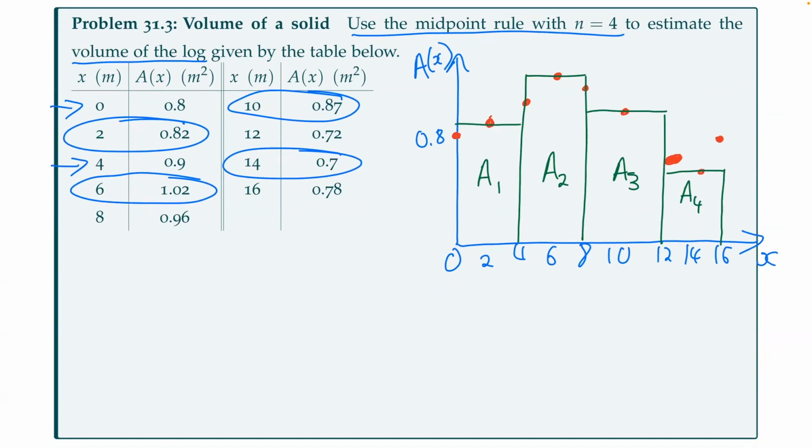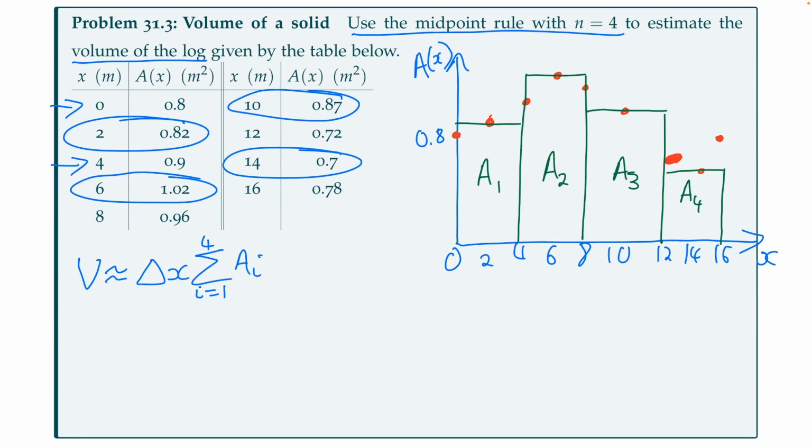So how do we now work out the volume? Well, our volume is going to be approximately equal to the change in x, so the distance between each of these cross-sectional measurements, times the sum of whatever those measurements are. So here we're going to have the sum from i equal to 1 to 4 of these A_i.